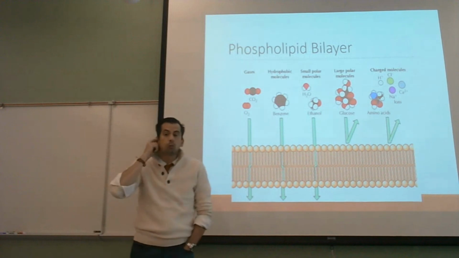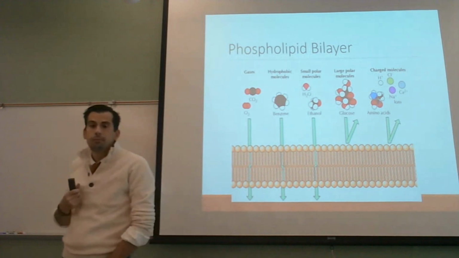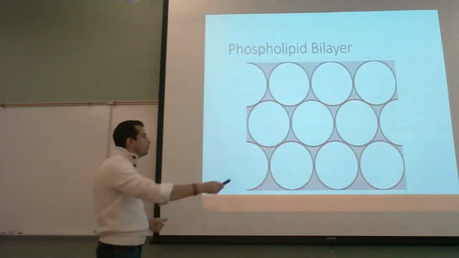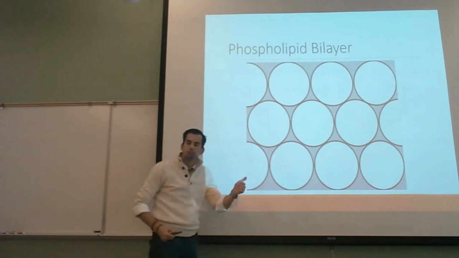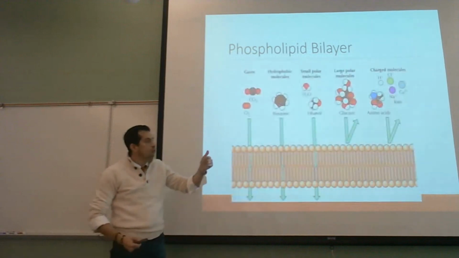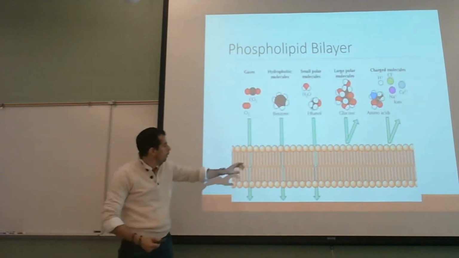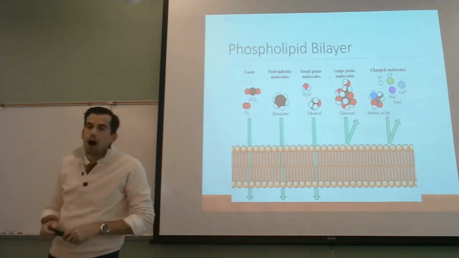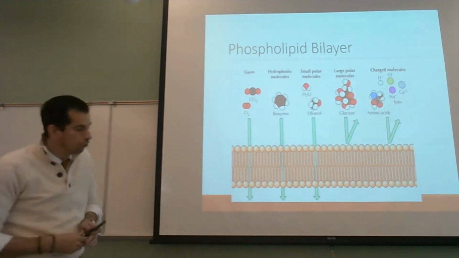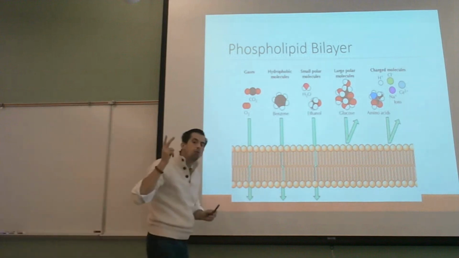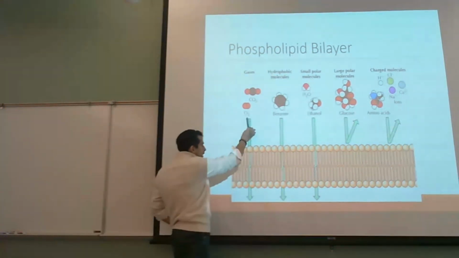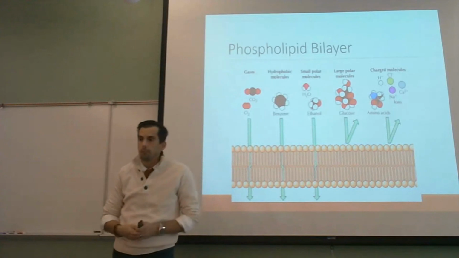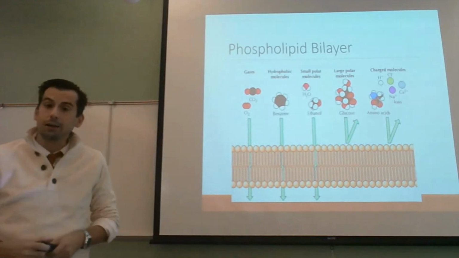In order for something to pass directly through the membrane, it has to be small enough to fit between the phospholipid heads, and it has to be hydrophobic enough to be at home in the hydrophobic environment created by the fatty acid tails. Only by checking both of those boxes can we allow things to move directly through the membrane, seemingly unchecked.